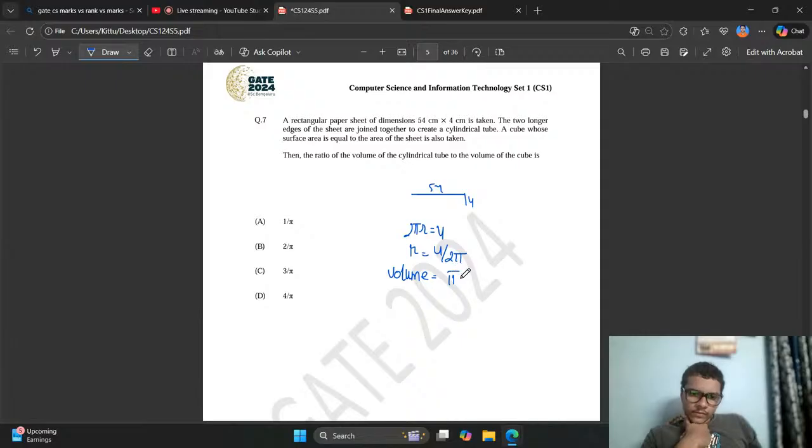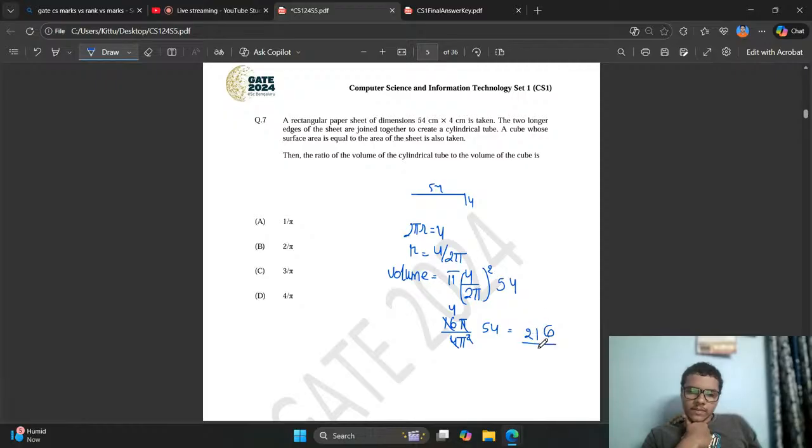So pi r squared h is going to be 54 absolutely. So 16 pi by 4 pi squared times 54. So how much is this? 16, 20.